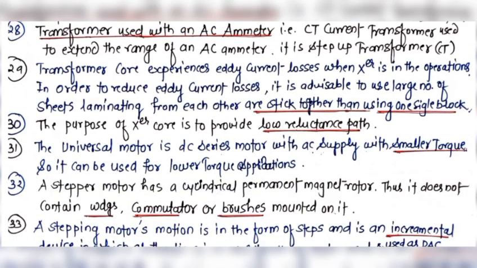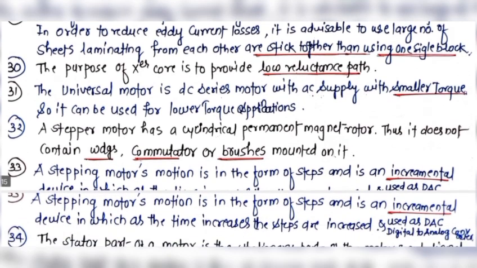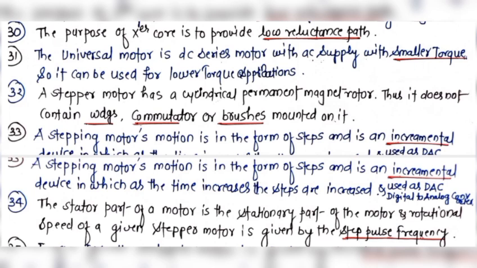The transformer core experiences eddy current losses when the transformer is in operation. In order to reduce eddy current losses, it is advisable to use a large number of laminated sheets insulated from each other and stuck together rather than using a single block.